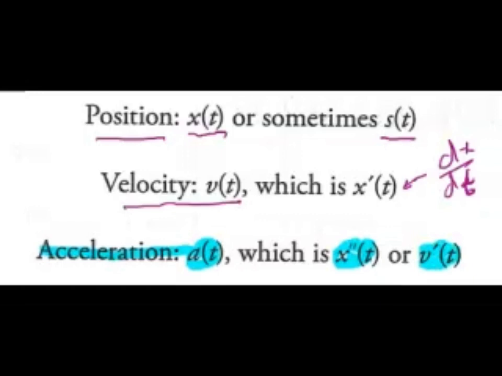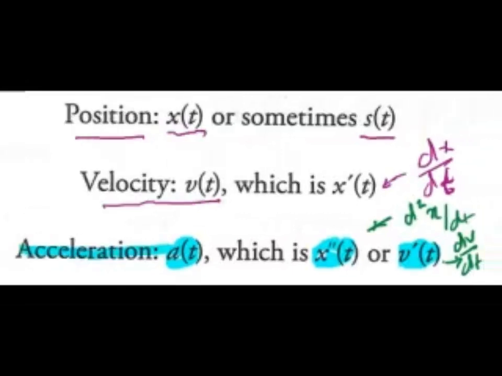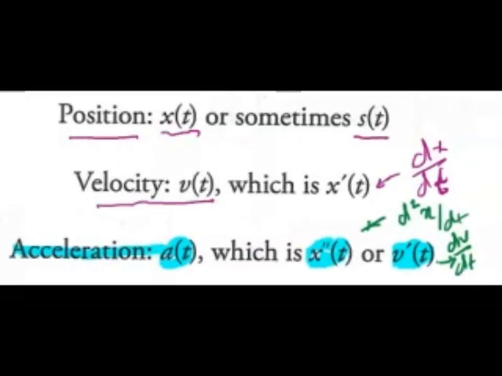We can write this as d2x by dt squared, or as dv by dt, that is, v dash of t. Let's begin with an example so these concepts become clearer.